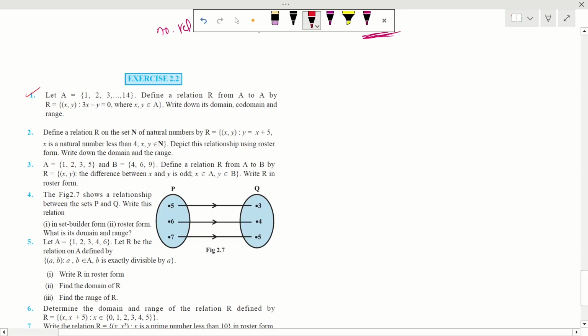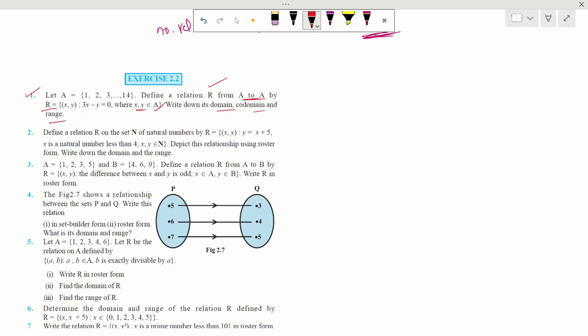So A contains 1, 2, 3, and so on, and we have to define a relation from A to A by this condition. The relation condition is given, so the first element and second element belong to only one set. Then we have to write the domain, codomain, and range.